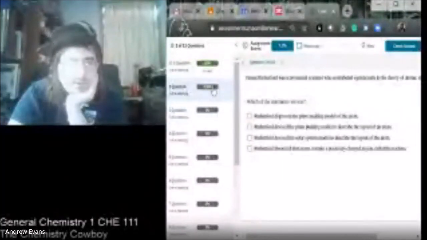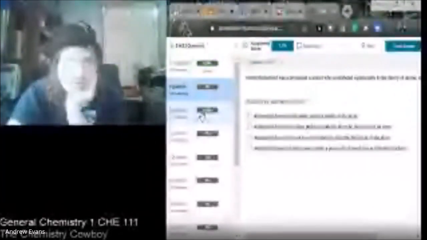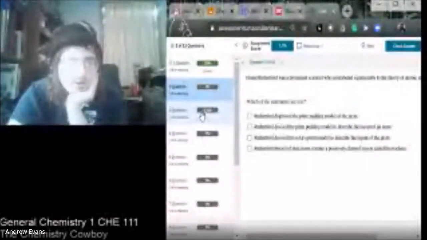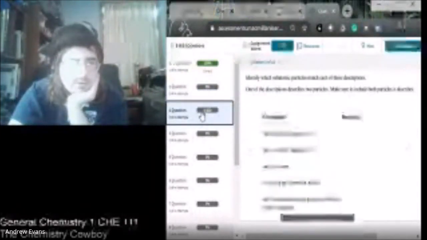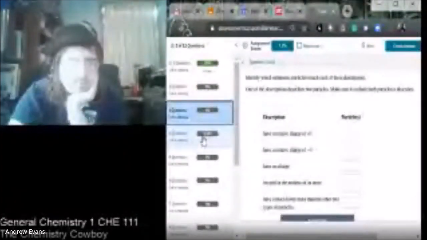There's a couple questions like this, asking you to think about what we talked about at the beginning of this chapter, what was going on and what they were studying, and to identify properties of subatomic particles. So which of proton, neutron, electron has plus 1?